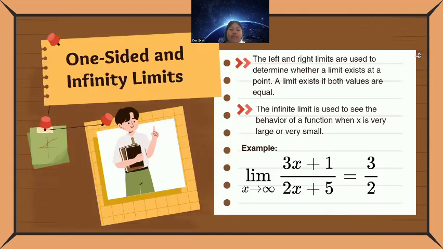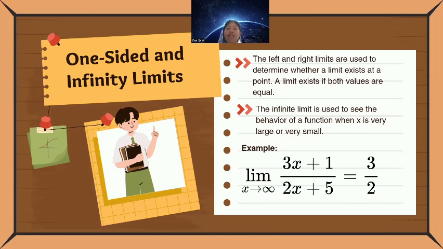Next, third method, one-sided and infinity limits. A one-sided limit checks the behavior of a function from only one direction. A limit exists only if the left-hand limit and the right-hand limit are equal.